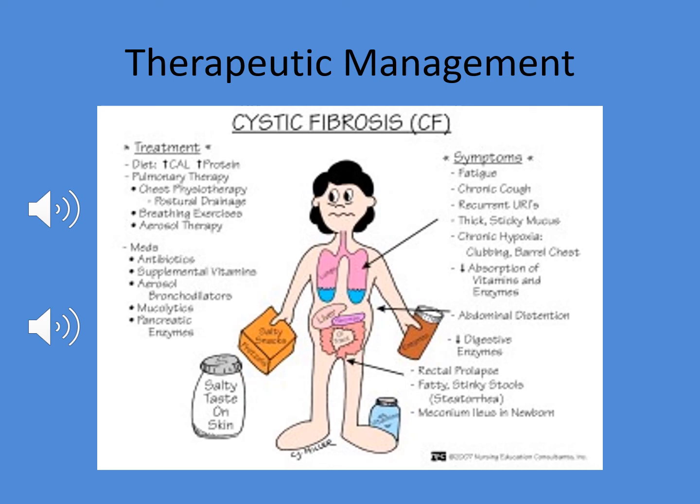And again, Dornase alpha is one of those drugs that we're going to use. So again, we want to monitor their PFTs, and if our treatment is working, we should see an improvement over time.